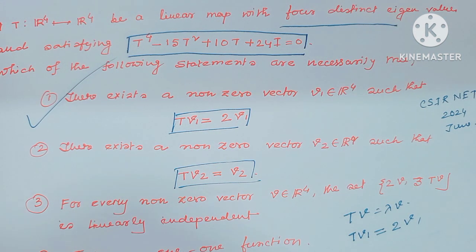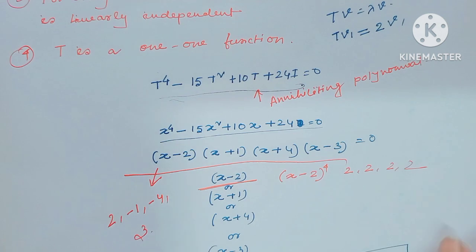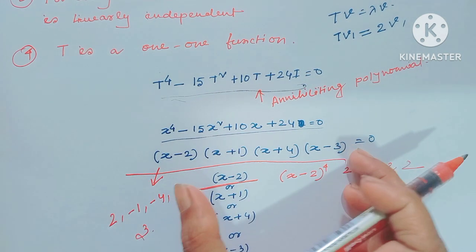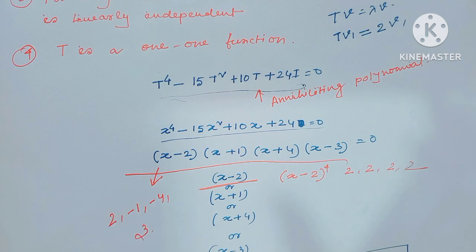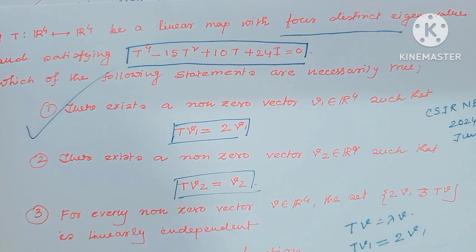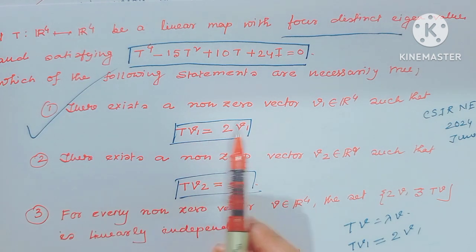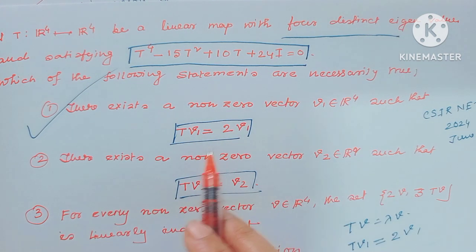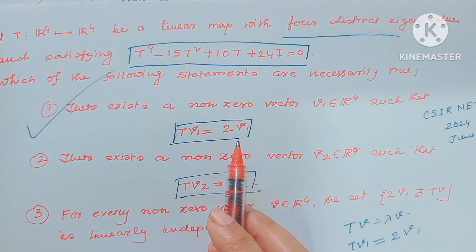Another method, if you cannot solve this operator in this way: here given TV, there exists a non-zero vector V1 belonging to R4 such that TV1 equal to 2V1. That means 2 is an eigenvalue.